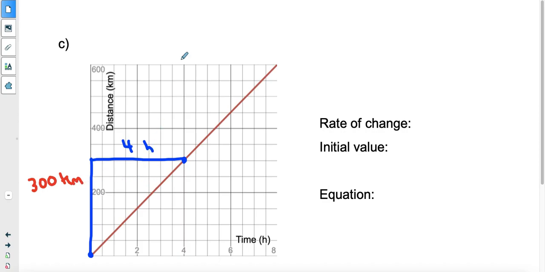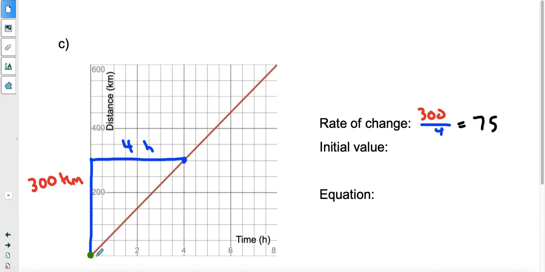So to find the rate of change, we're just going to divide those two values. And 300 divided by 4, that's just 75. Our initial value, well, in this case, my graph starts right here at the very bottom left.